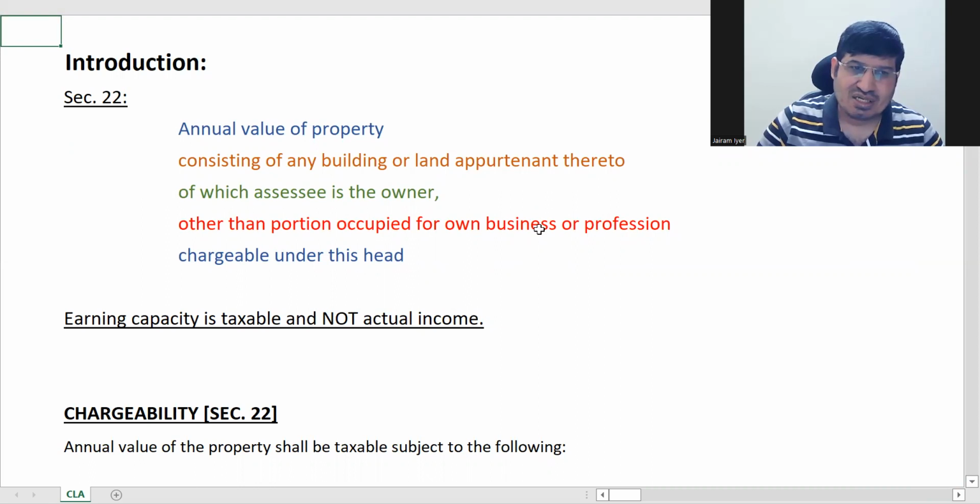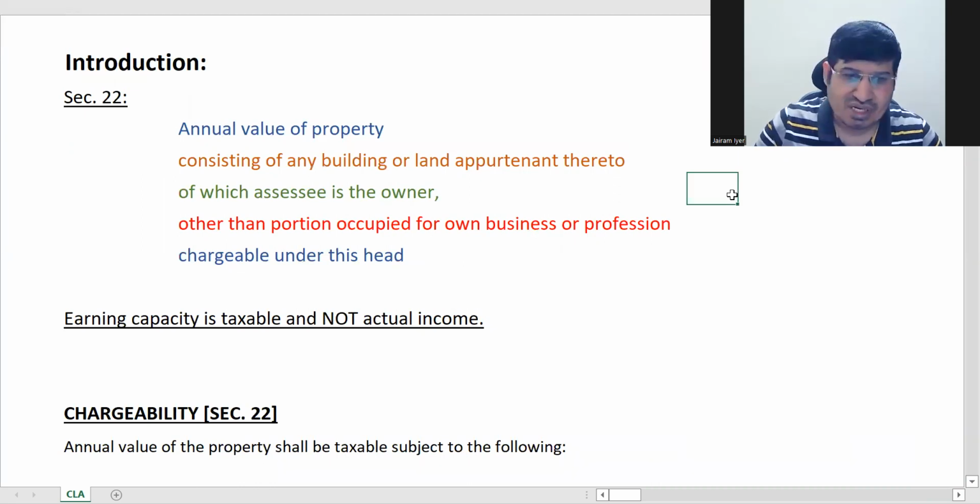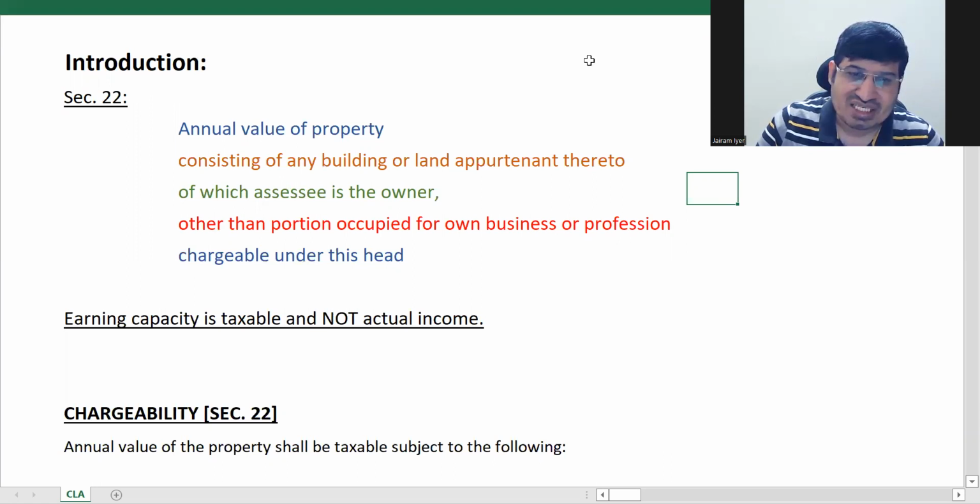Now, first of all, this is basically for rental income. In general, from a common man's perspective, this head of income, which is income from house property, is for rental income. Now we'll see the charging section.